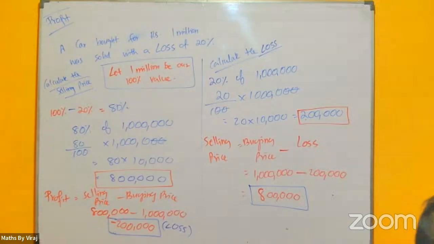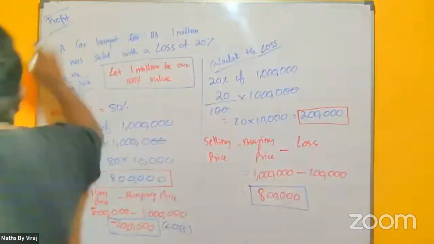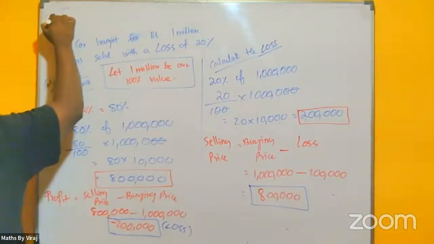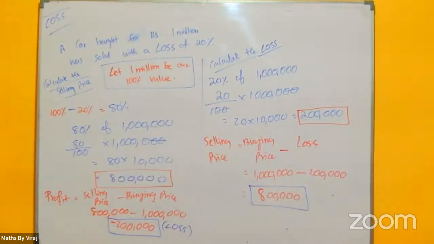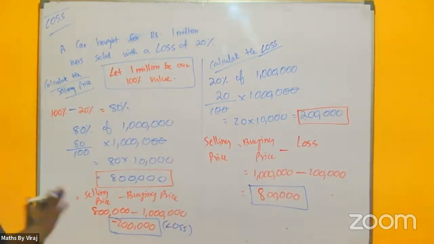Okay, so now change the heading here to loss. A car bought for 1 million was sold with a loss of 20%. Calculate the selling price. Obviously, the selling price is 800,000 when it is sold at a loss.